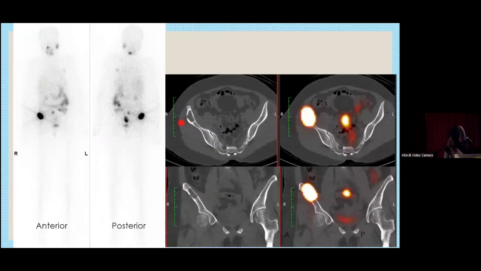Next, we look at the uptake here. Roughly from whole body planar scan, we know that this could be a pelvic bone uptake, which is true enough on SPECT-CT. You can see the uptake here and a lytic lesion in the superior iliac spine.